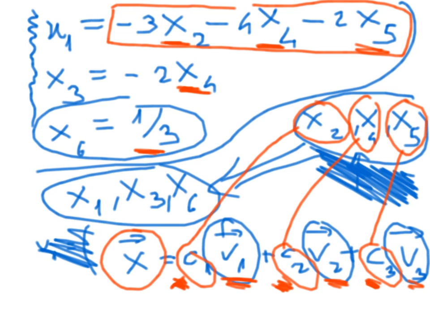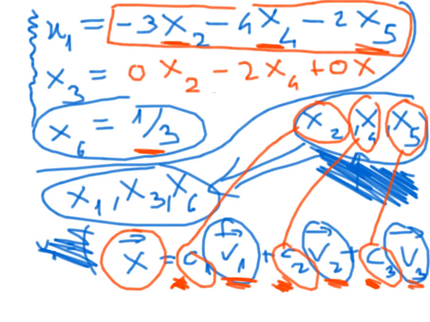Let me write this. It is 0 x2 minus 2 x4 plus 0 x5. Okay, so we have now x1 and x3.